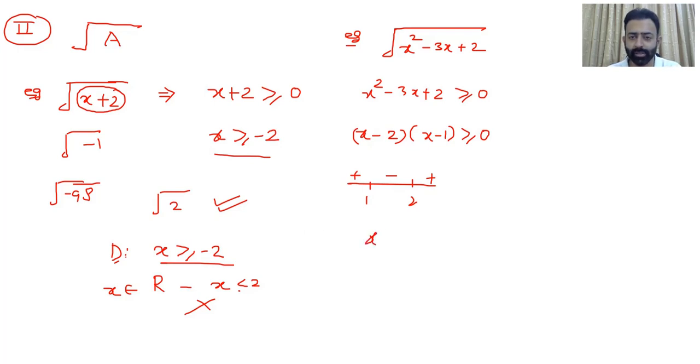That means x is greater than or equal to 2, or x is less than or equal to 1. Only these values are allowed. The values between 1 and 2 are not allowed.